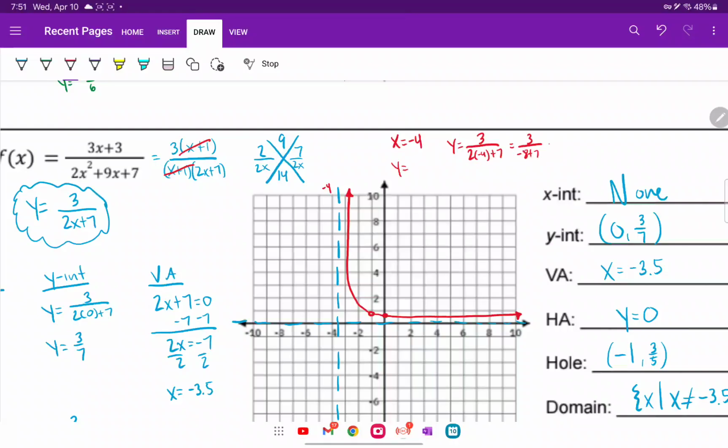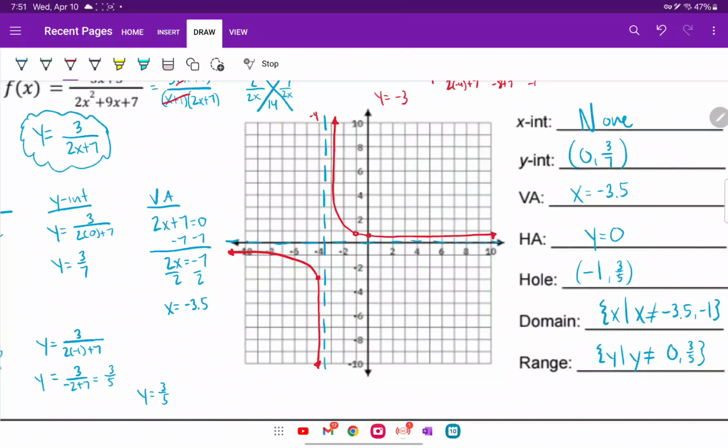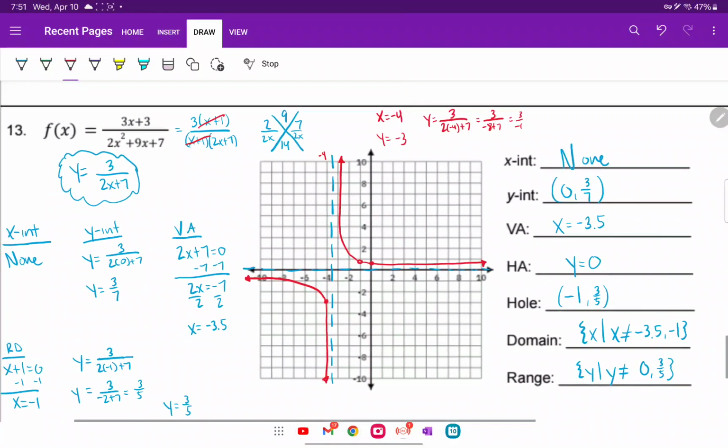So that's going to give me 3 over negative 1, which is negative 3. So negative 4, negative 1, 2, 3. And that makes sense. There's our branch here. And here is our other branch. All right, and that concludes the test review answer key.